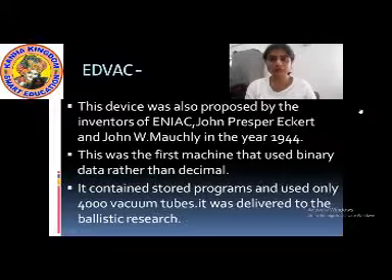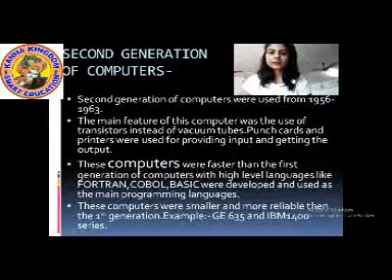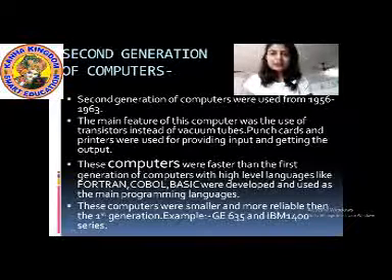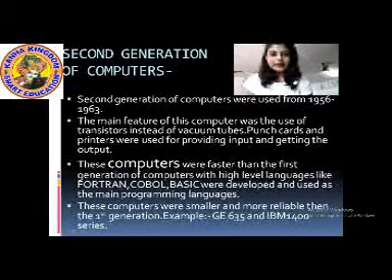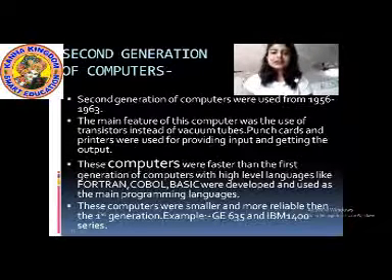Now let us move to the second generation of computers. First, let me tell you the time period of the second generation of computers.